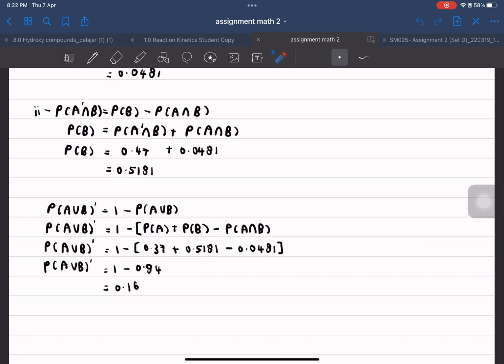We fill the formula with the information given before, and we will get the value of probability A intersect B. For question 4A2, there are two things that we need to find, which are probability B and probability A union B prime.